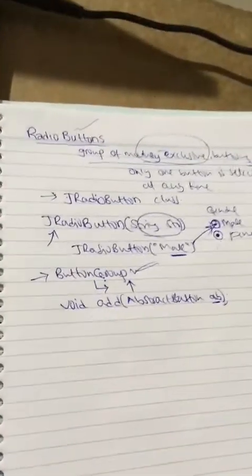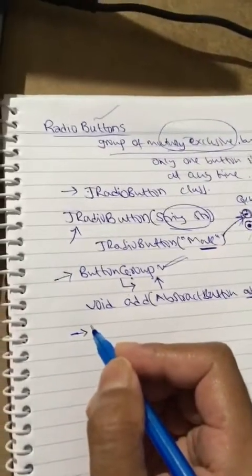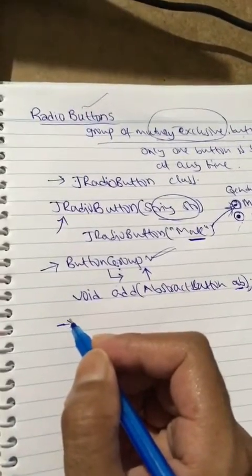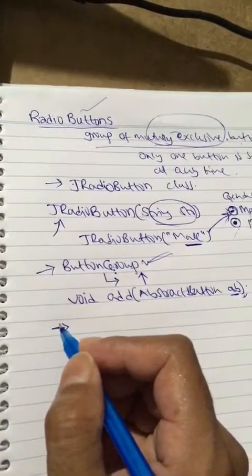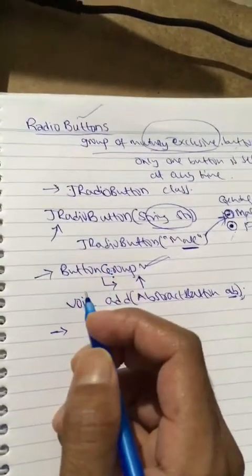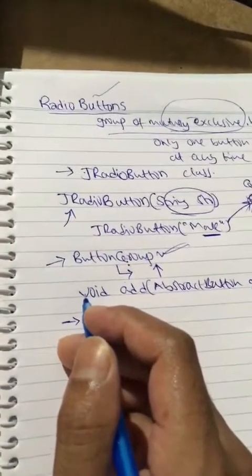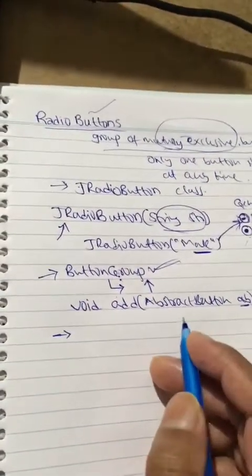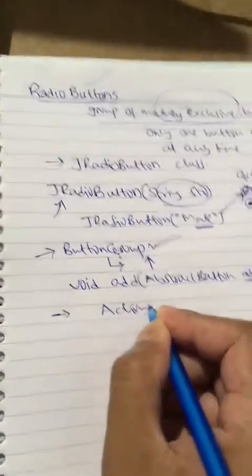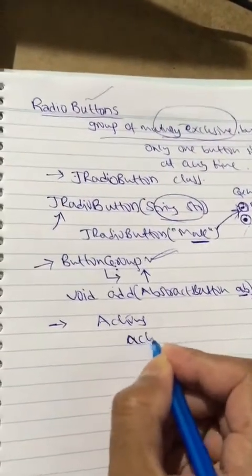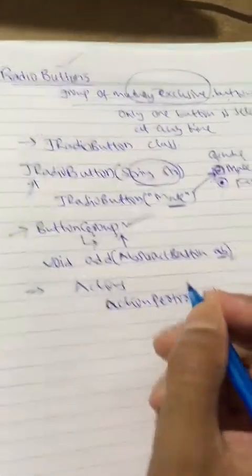Now, when you select a radio button, an action event or item event is generated. Mostly radio buttons generate action events. Action events are handled by the actionPerformed method, which is a method of the ActionListener interface, which we discussed in most of the previous classes.